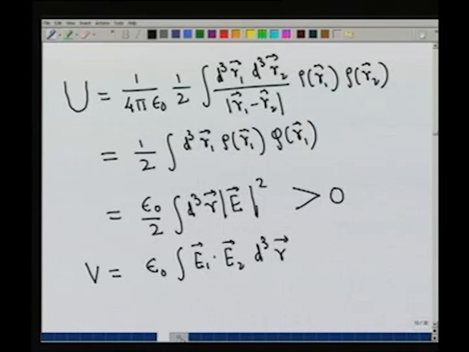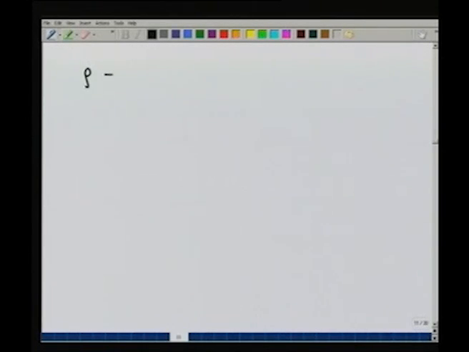The answer to that is very, very simple. What we do is to simply write my rho to be rho 1 plus rho 2. So, depending on the system of interest, I split my rho to be rho 1 plus rho 2, in which case my electric field by the linearity of the Coulomb law will turn out to be E1 plus E2. What am I doing?